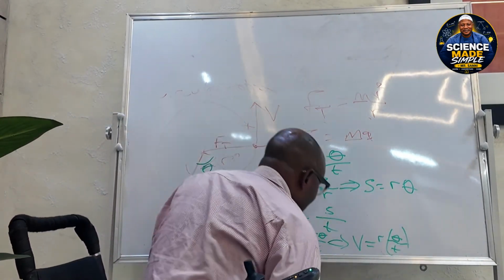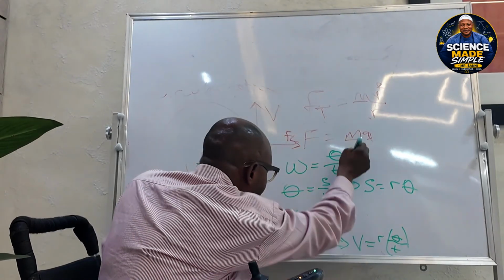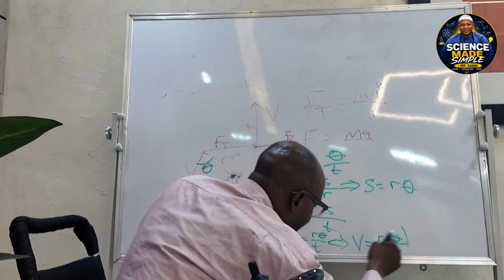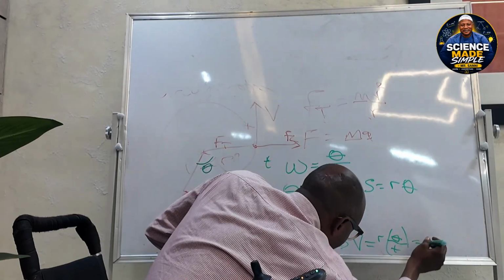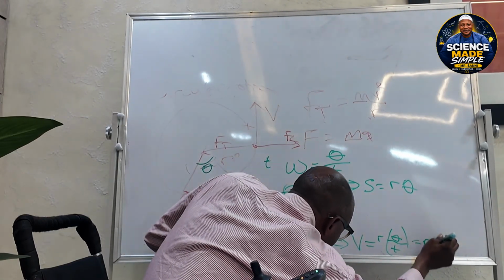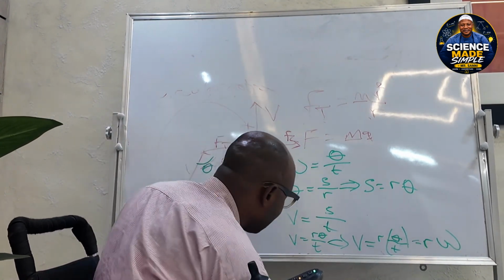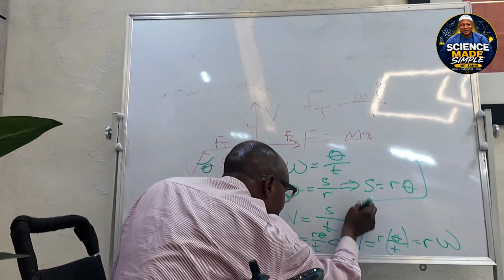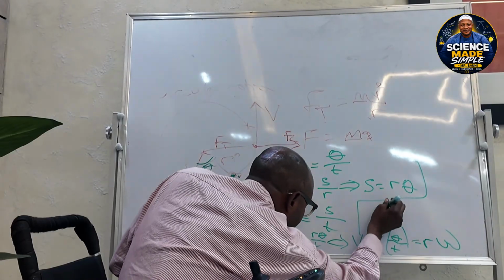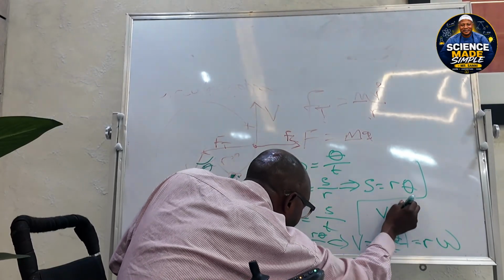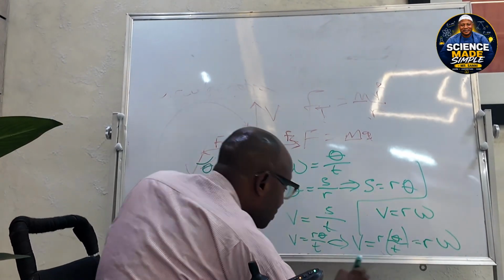And theta over T is the same thing as angular velocity, so it will now be R times angular velocity. From here, we can see that our V is equal to R omega.